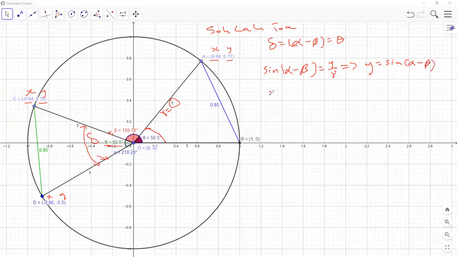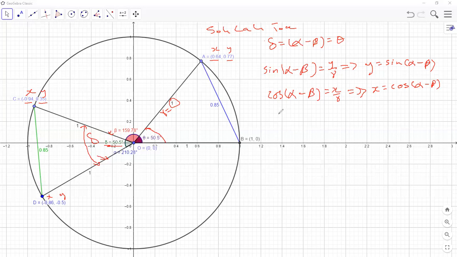The same thing, guys, happens for cos. If I say cos alpha minus beta, this is going to be x over r, but we know r is just 1 because it's the unit circle. So the x coordinate here is just cos alpha minus beta, right?